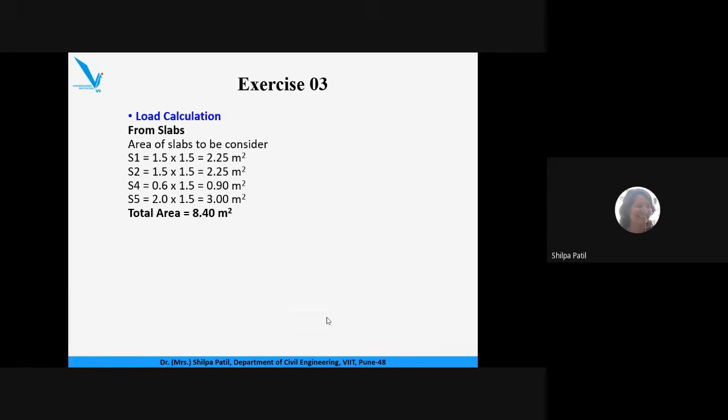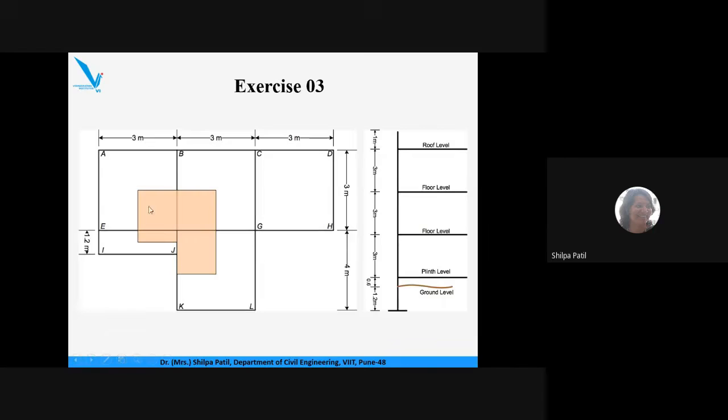Now moving to the next step, the first one, that we have to consider the load calculation. As I have explained, the load coming from the slabs we will consider in the form of a rectangular part. If I go back to this diagram, this is the first slab. The dimension of this slab is 3 by 3 meter. I have considered only this part.